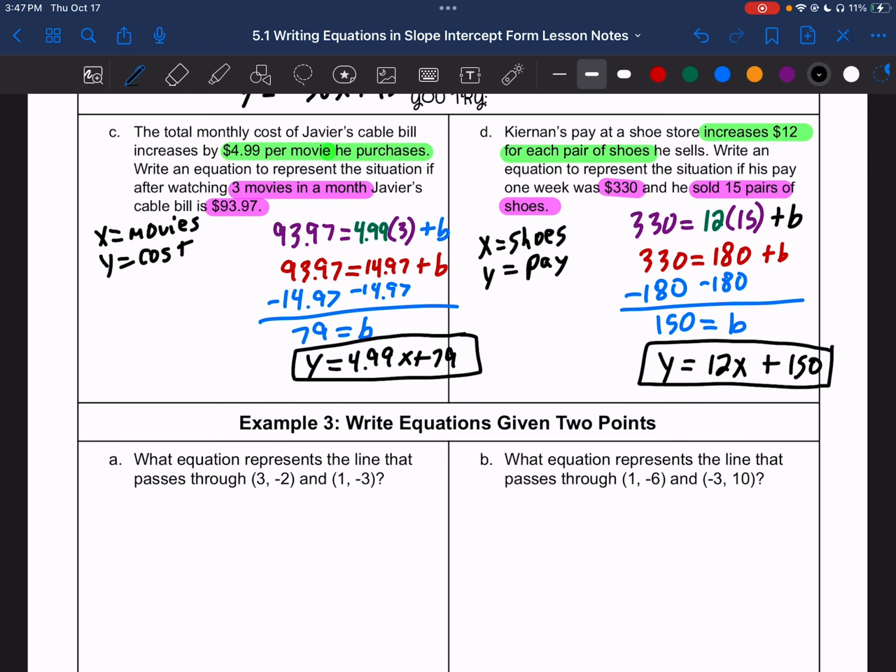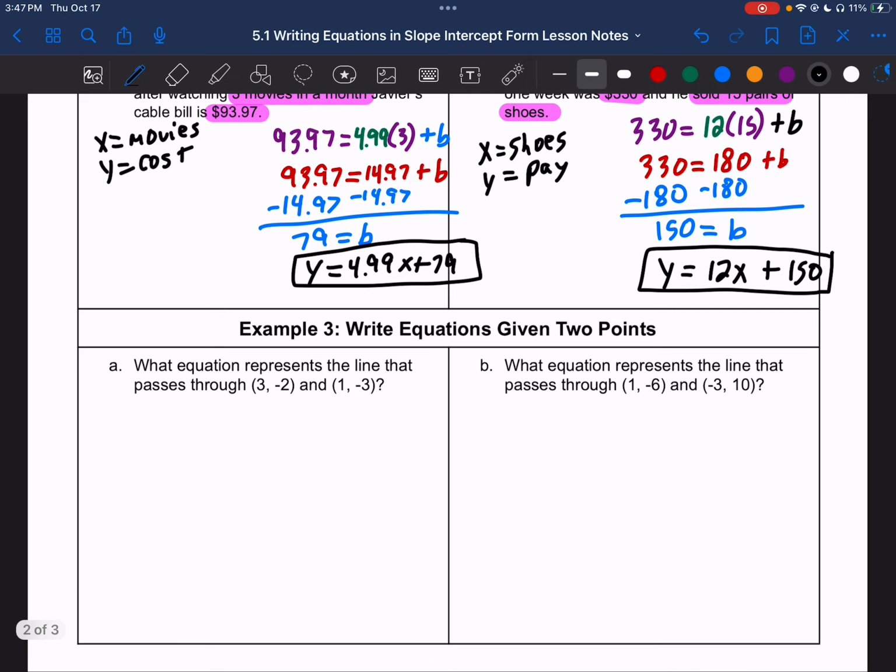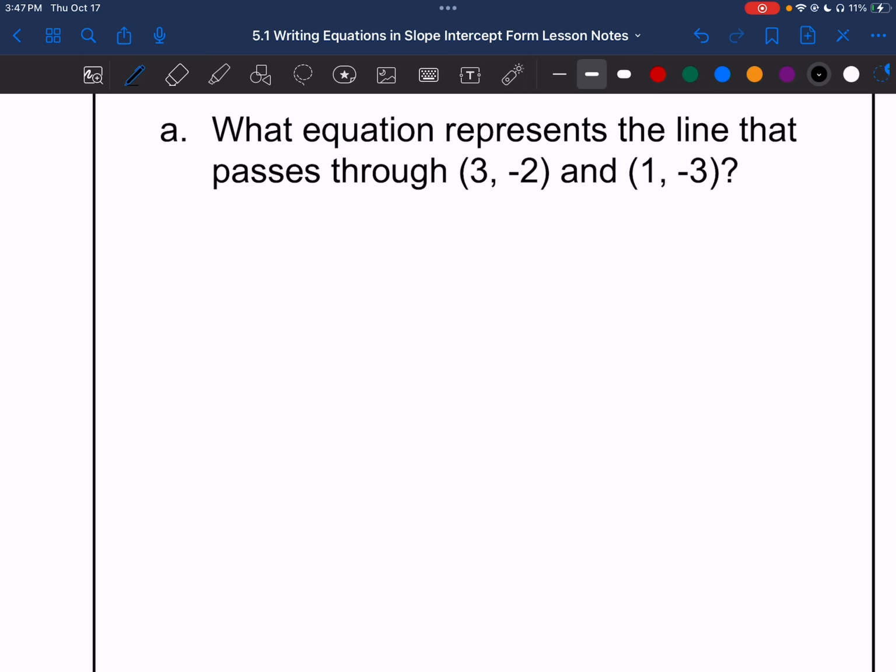Example 3, write an equation given 2 points. So now, instead of us being given the slope, we're going to have to remember how to calculate the slope. So we have x1, y1, x2, y2. So the way we do this, we do y2 minus y1.